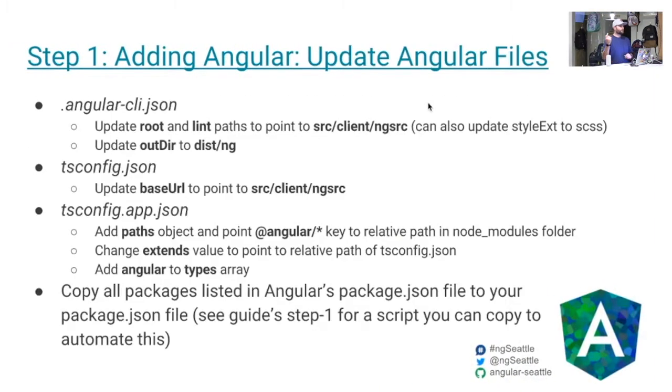So the first change, basically for the angular-cli.json and the tsconfig, for the first 3 files, the main thing you're updating is the paths to the source directory, because we're moving it from your repository root directory into the source/client/ngSource directory. This is not a necessity.